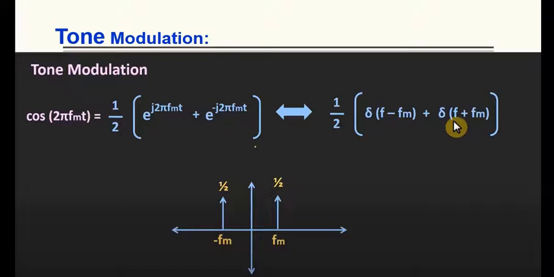And this is for the negative, f plus fm equal to 0, so f is equal to minus fm. So this is the negative or image of this pulse. Also it is a delta, so it is a pulse here, and it has a magnitude of 1/2 as well. If the amplitude here is Ac, for example, then it will be half Ac. So we have two frequencies located at fm and minus fm. So this is for the cosine.